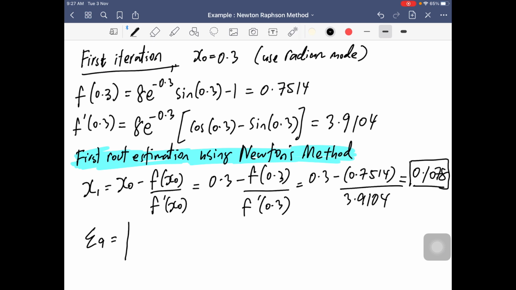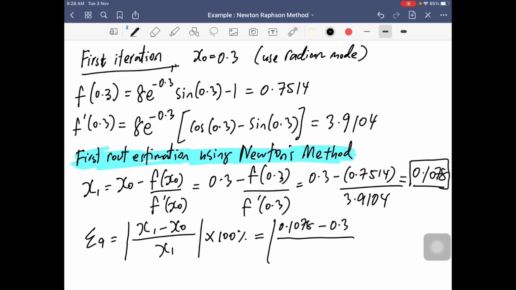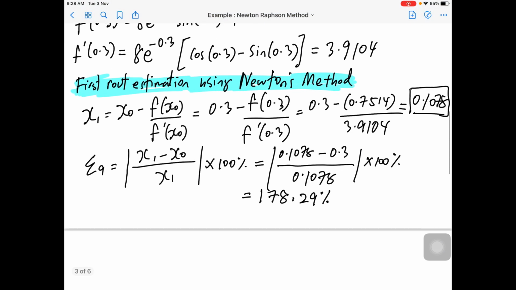So the approximate error is x1 minus x0 divided by x1, multiplied by 100%. So x1 is 0.1078 minus x0 0.3, divided by 0.1078, multiplied by 100, and then you put the percentage, so you should get 178.29%. Okay, so this is our first iteration.